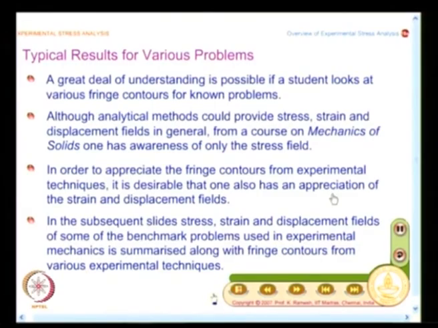Okay. So, what we are going to look at, in the subsequent slides, is stress as well as strain and displacement information for some of the benchmark problems, because it is always better you go from known to the unknown.